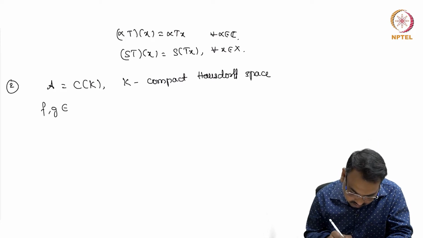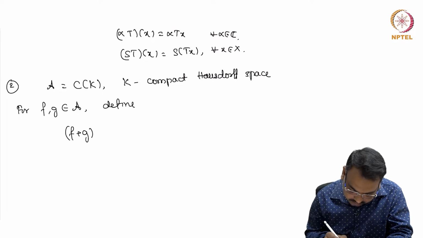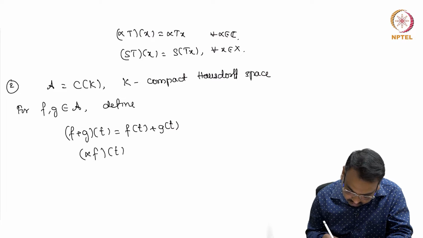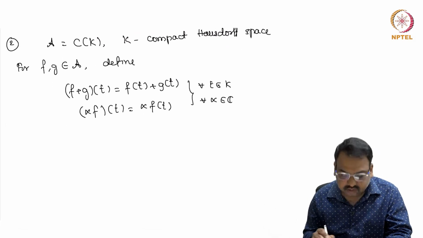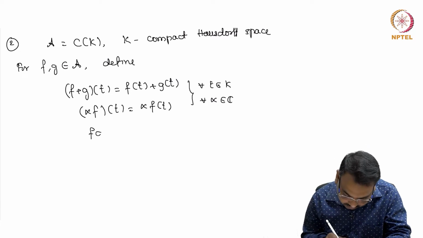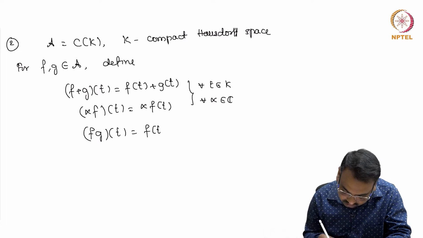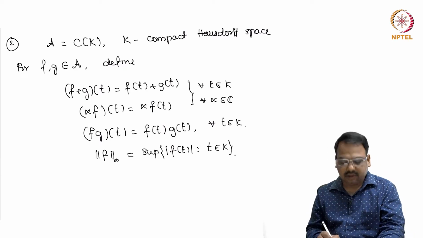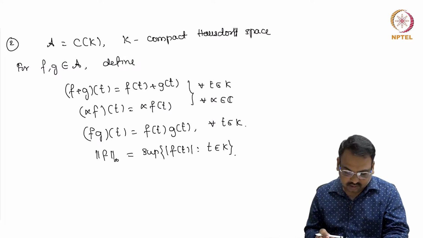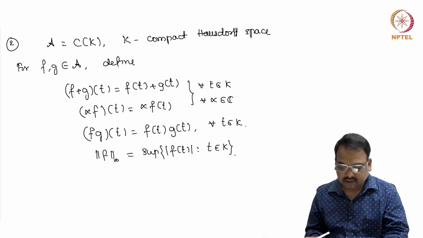When we take f, g from A, we define (f+g)(t) as f(t) + g(t), and (αf)(t) as α times f(t) for every t in K and for every α in C. We can show that this is a vector space, and if you define (fg)(t) as f(t) times g(t) for every t in K, and the norm of f as the supremum norm, the supremum of mod f(t), then with respect to these operations, C(K) is a Banach algebra, and it is unital, it has a unit.